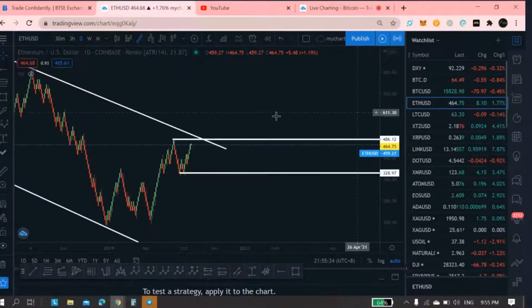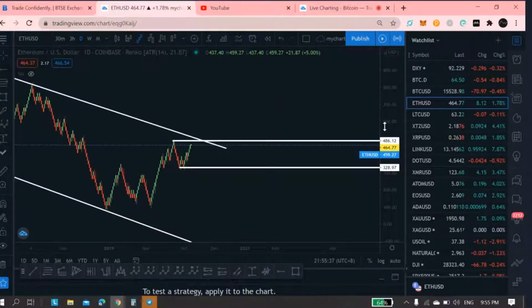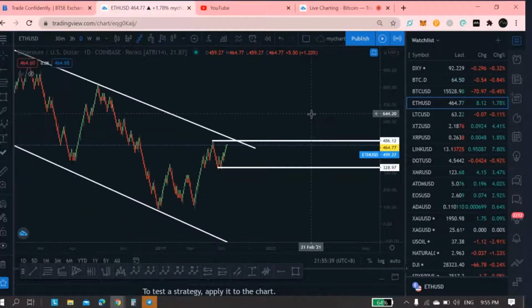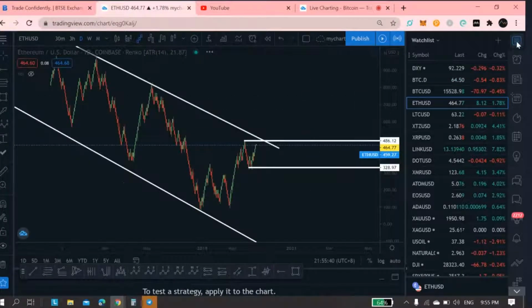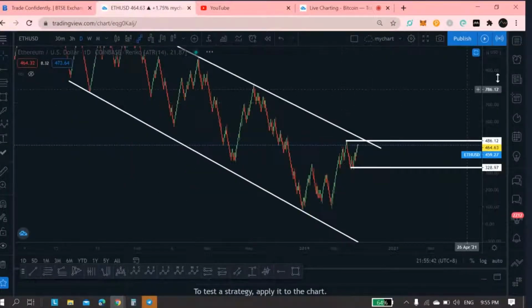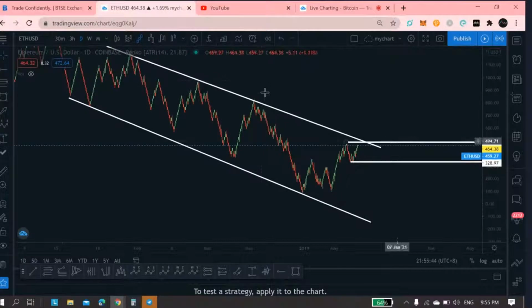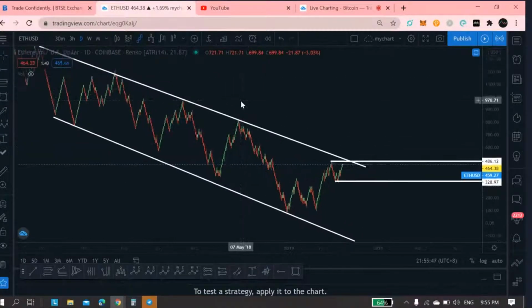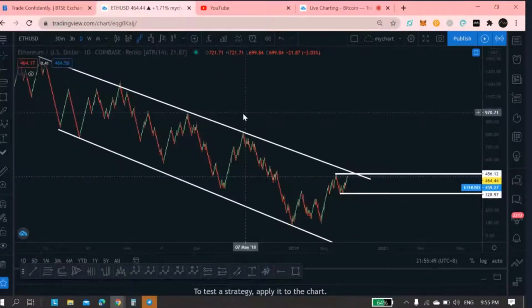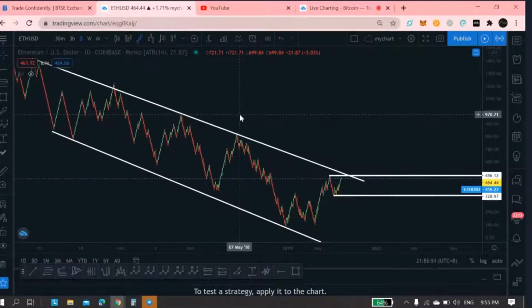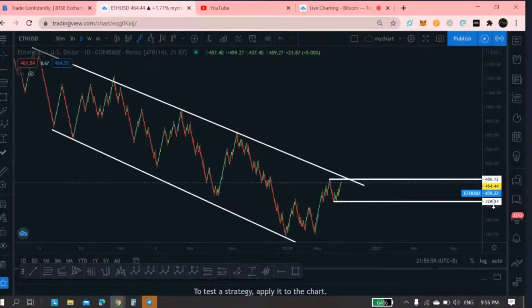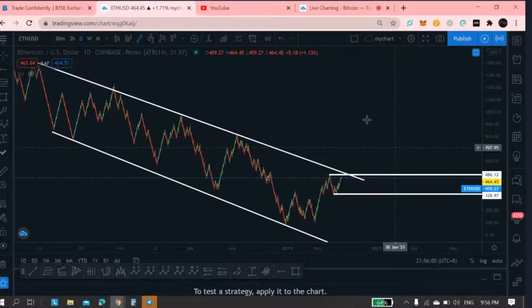So next, let's go back here to Ethereum. As you can see, most of my analysis is actually basic, because I normally trade using the candles, basic support and resistance, trend lines, and if I see some consolidation and breakout.